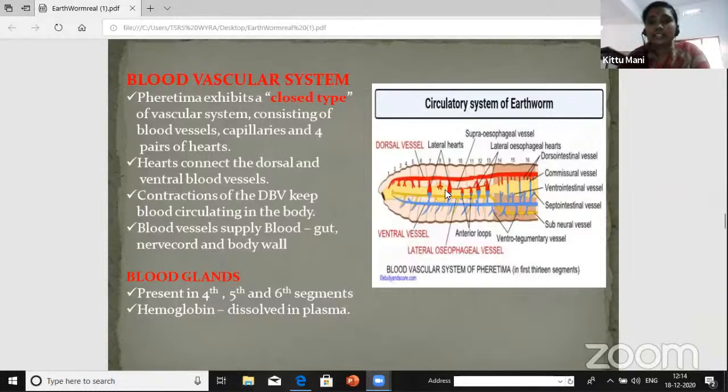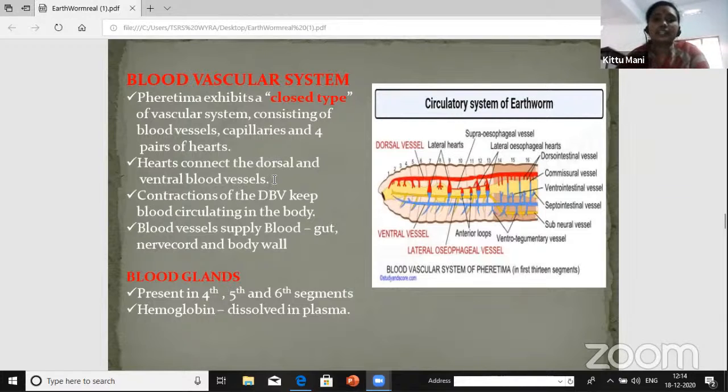On the ventrolateral side we observe the ventrotegmentary vessel and the subneural vessel at this region, and the lateral esophageal hearts are also present in this picture. First, the major important one is the dorsal vessel. What is that? The dorsal vessel.